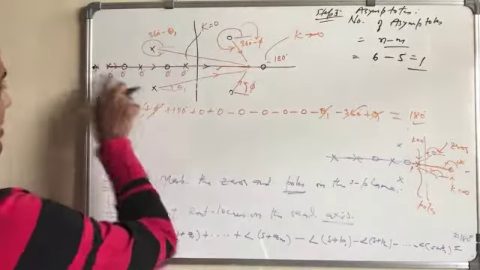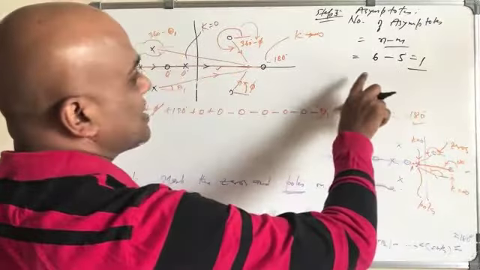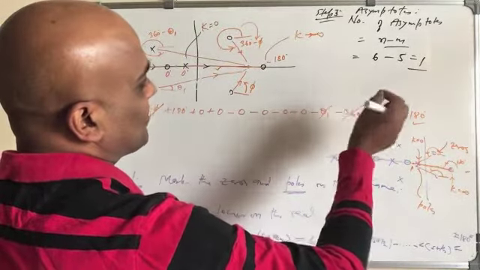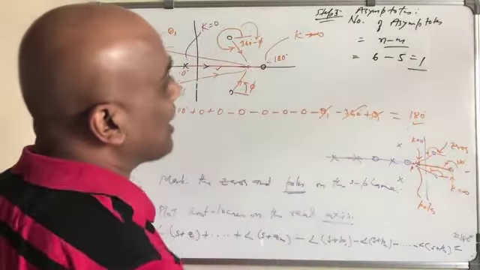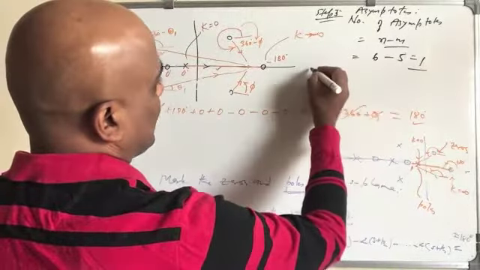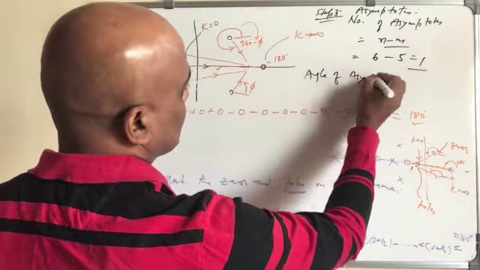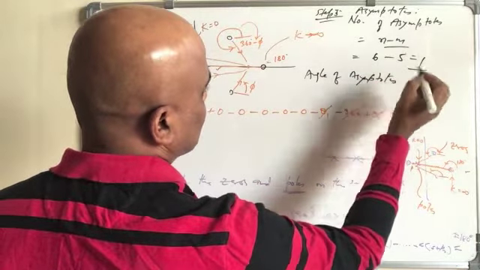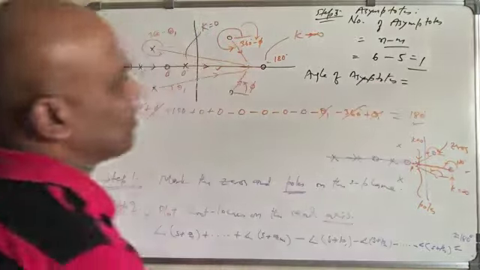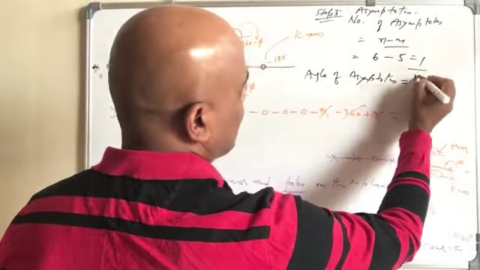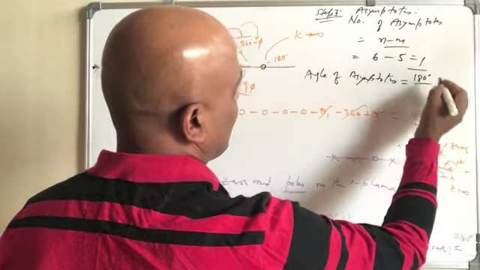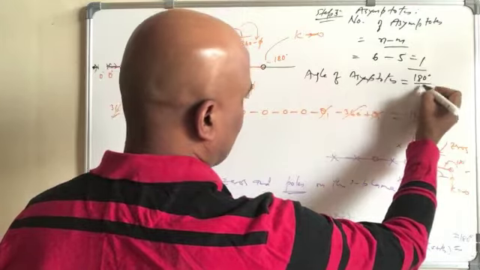Okay, so now we can also find out what will be the angle of asymptotes. The angle of asymptotes will be equal to 180 degrees divided by 1 in this case.